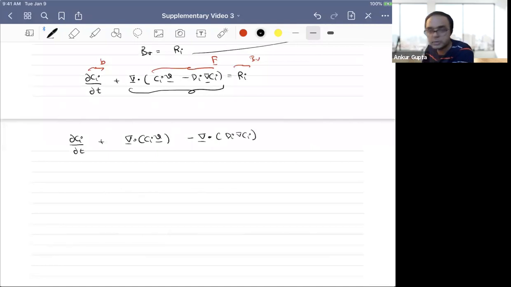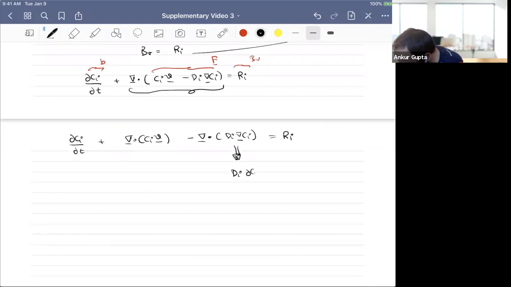Okay, so I've simply broken down the flux term into two parts, equal to Ri. Okay. Now, this Di grad Ci is nothing but Di times (del Ci by del x ex plus del Ci by del y ey plus del Ci by del z ez).